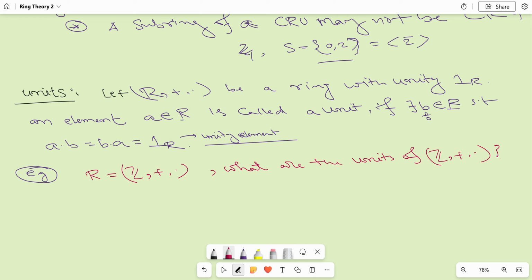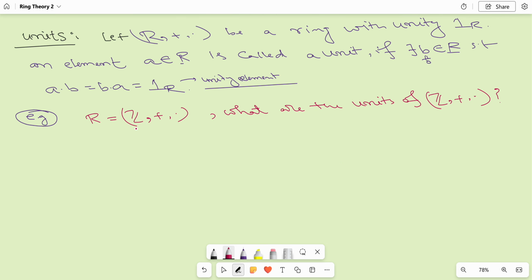What can you say about them? Let us suppose that a inside Z is a unit.